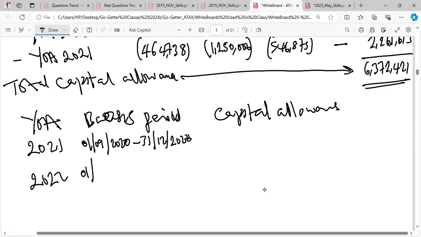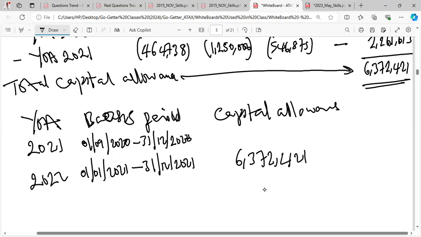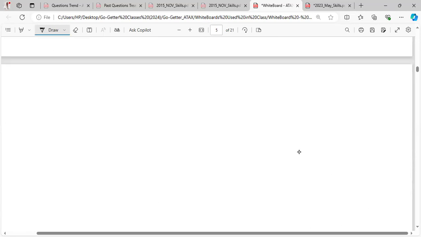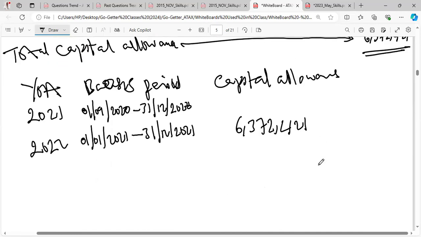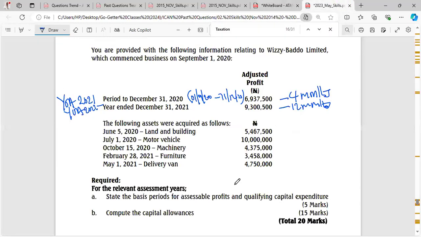This is January 1, 2021 to 31st December 2021. We know our capital allowance here to be 6,372,421. The other one here, 9,153,424. So that's it. That's the answer to this question.